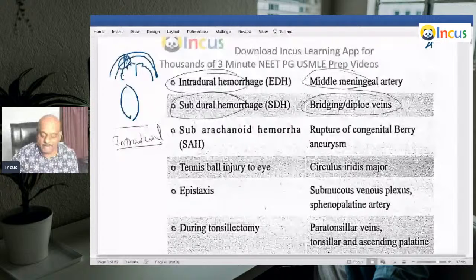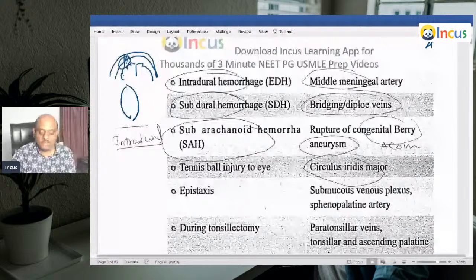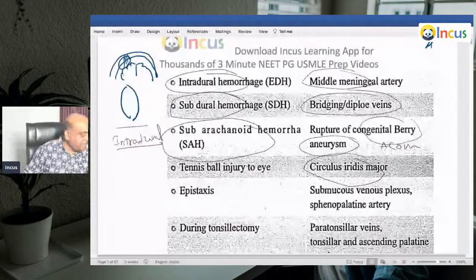Whenever there is a tennis ball injury, one of the common questions of the examiner is, what is the blood vessel which is involved? It is the circulus iridis major which is involved.